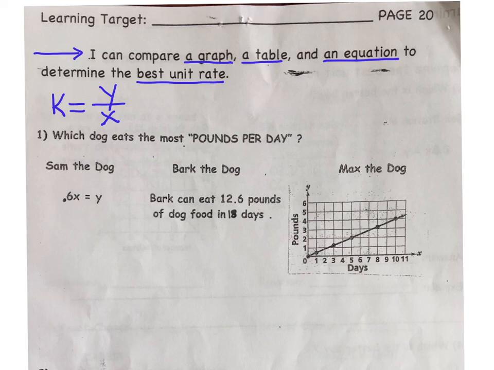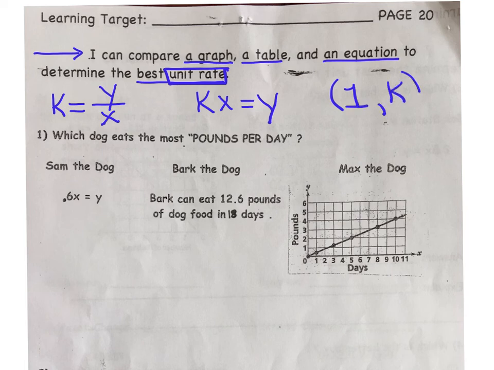We also may need this equation. The basic format for a proportional equation is K, the constant of proportionality, times x equals y. And finally, if we had to write the unit rate as an ordered pair, we would write 1, whatever the K rate is, or the constant of proportionality.